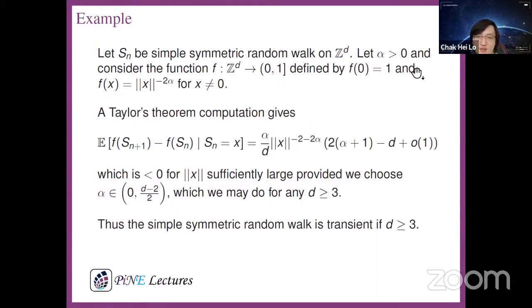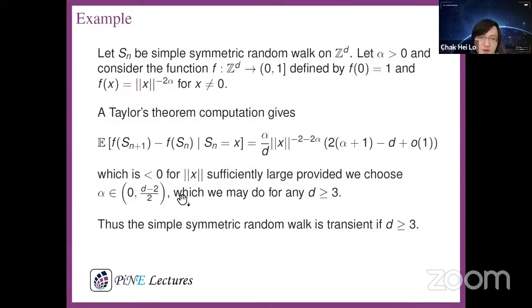Alpha is greater than 0 here, so this is positive, this is positive. So we want this thing to be negative. To make this negative, we want to take alpha in between this region, (0, (d-2)/2). If we can have this region, then when x is sufficiently large, this one will be negative. Then we have this condition here.